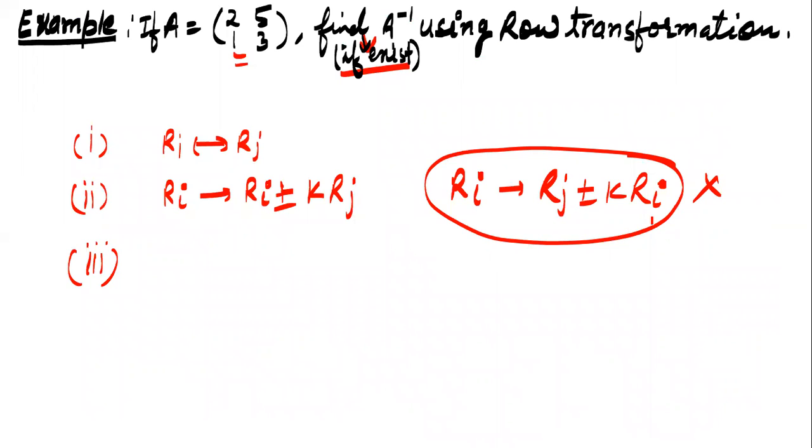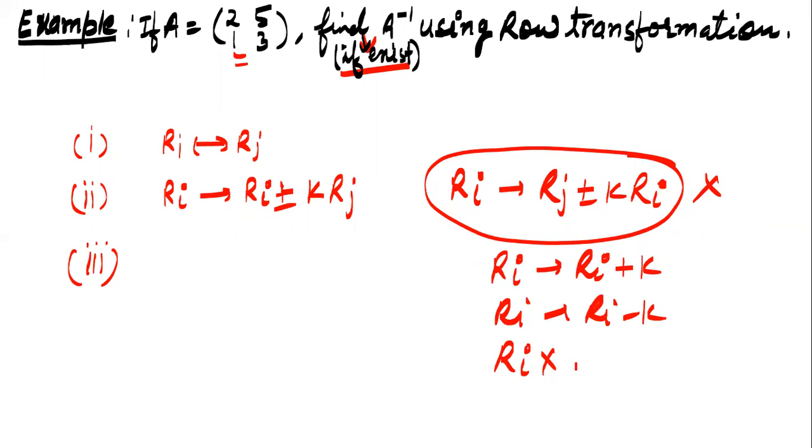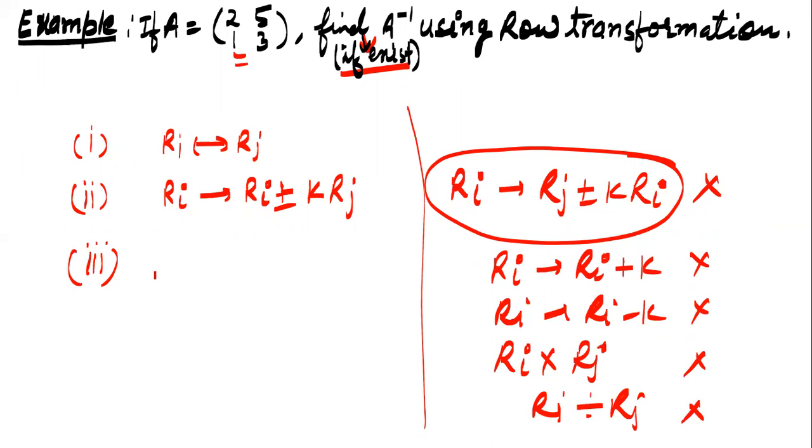And we cannot write like this: we cannot add any number to it, we cannot subtract any number, we cannot multiply any two rows, we cannot divide any two rows, but we can multiply by any number, or we can divide by any number.